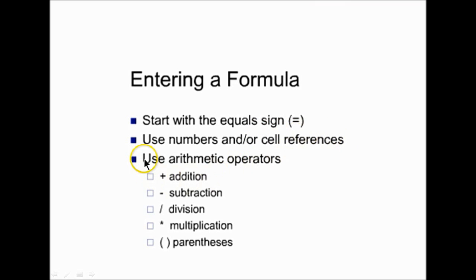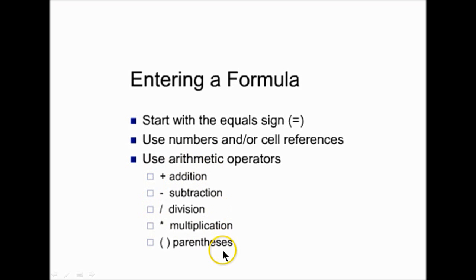And of course, we use arithmetic operators. These are the operators that generally you will be using in Excel. You've got addition, subtraction, division, multiplication, and parentheses, or just those brackets you get when you want to work out a certain section first.